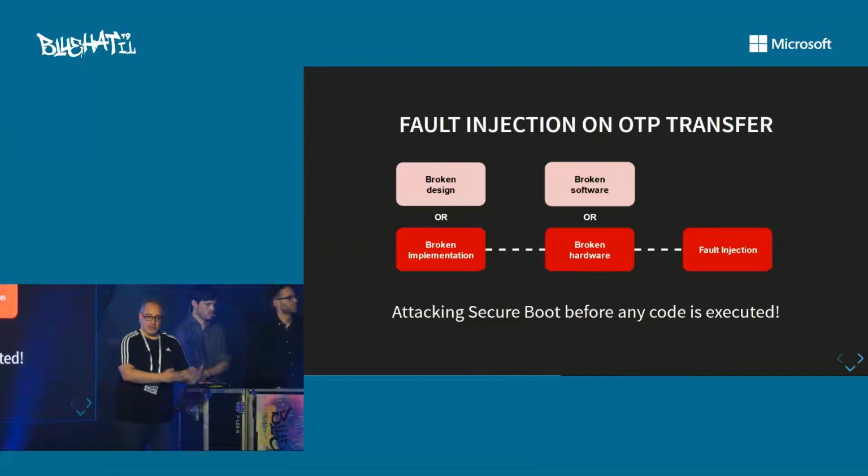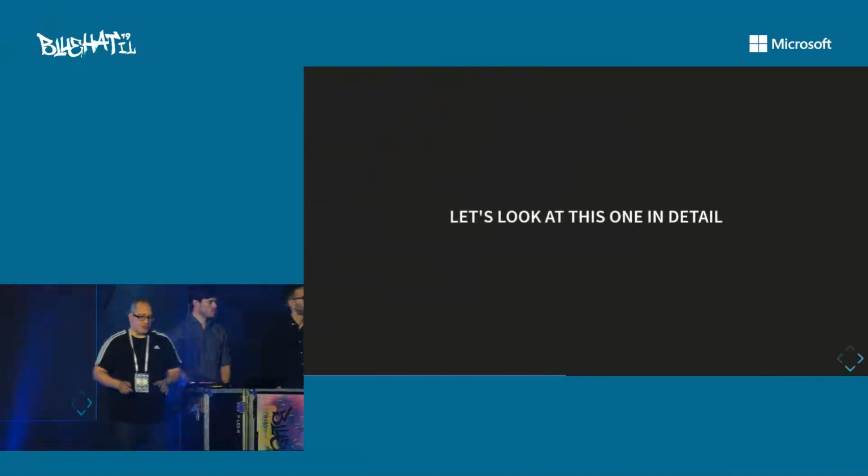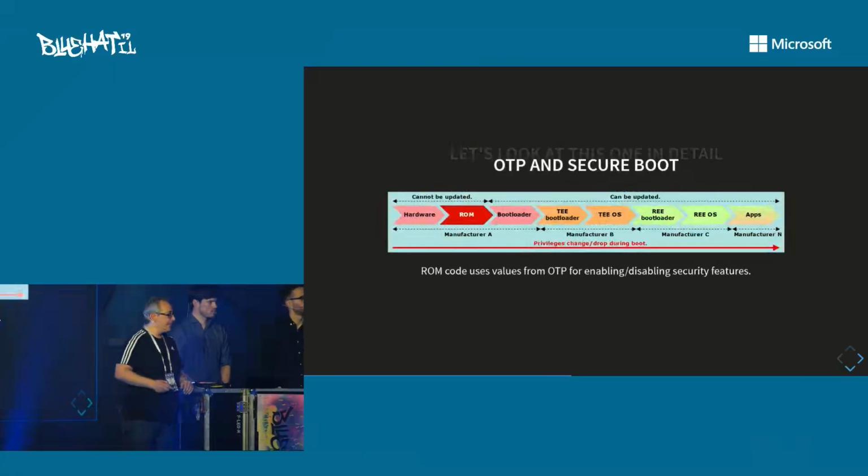So there is always the CPU executing instructions which are attacked in one way or another, either through software bugs or fault injection attacks, in order to alter the intended execution of a secure boot. But we are proposing here a different attack, which is attacking the secure boot before any code is actually executed at all. Let's have a look a bit more in detail at this attack.